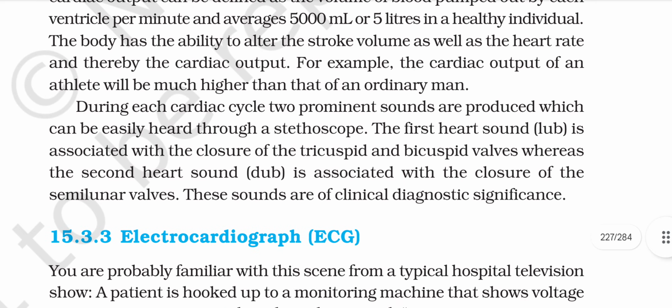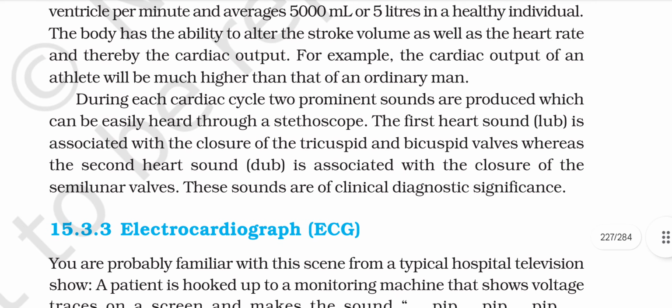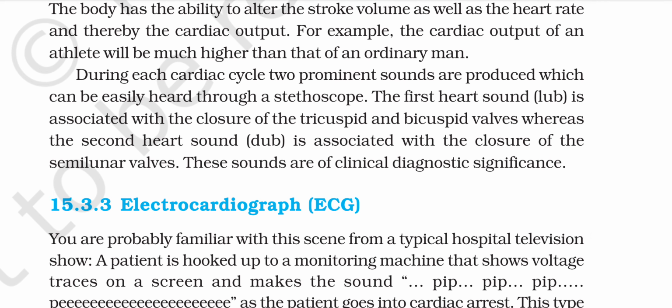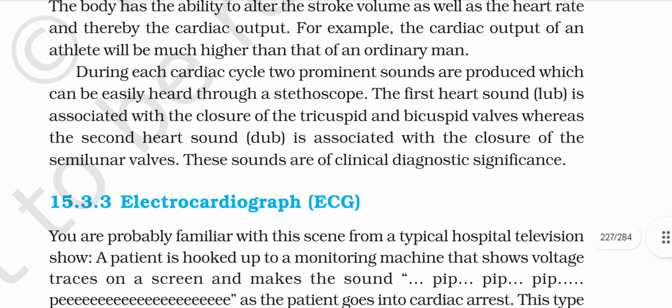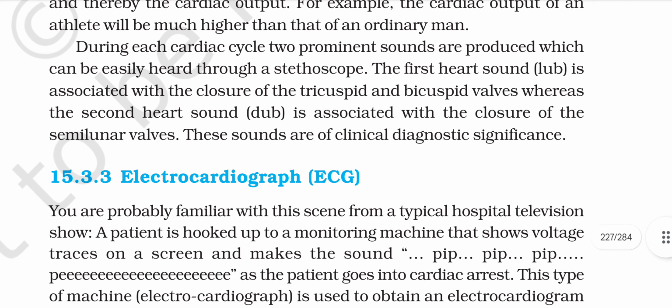The body has the ability to alter the stroke volume as well as the heart rate, and thereby the cardiac output. For example, the cardiac output of an athlete will be much higher than that of an ordinary man. During each cardiac cycle, two prominent sounds are produced which can be easily heard through a stethoscope.